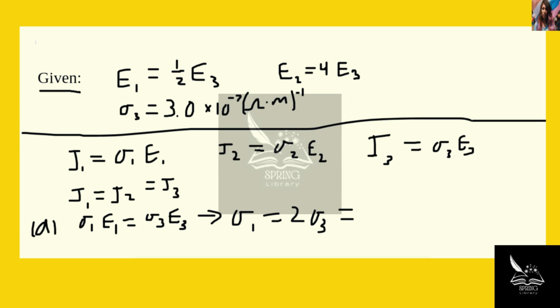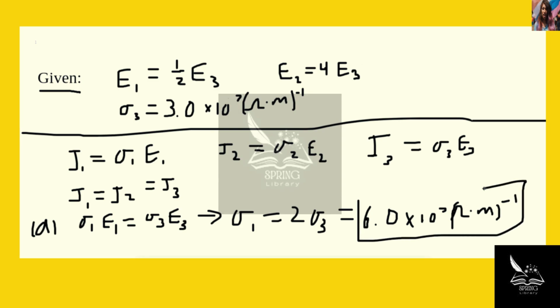I believe I wrote 10 to the minus 7 here, so I think I miswrote that. Let me make sure. Yes, it's 3 times 10 to the 7. So let me erase that minus sign real quick. Sorry about that. Okay, so double that is 6 times 10 to the 7 inverse ohms meter. We can box that in as our solution to part A.